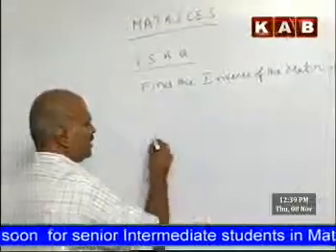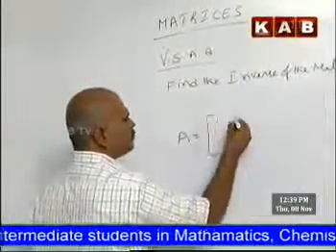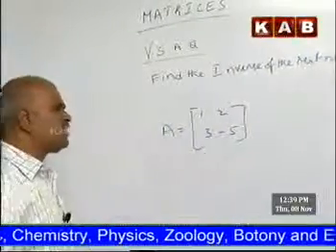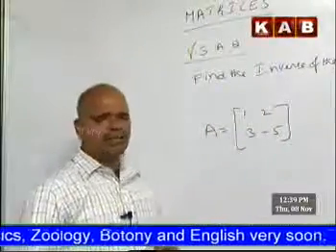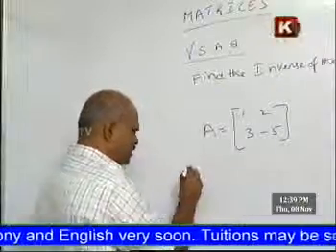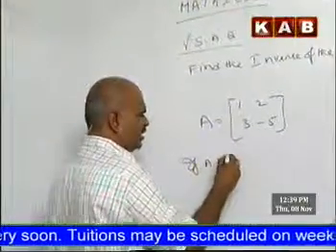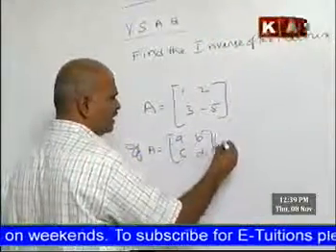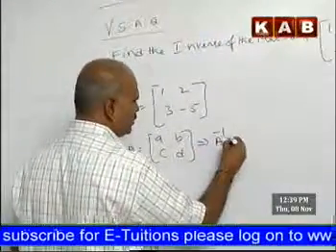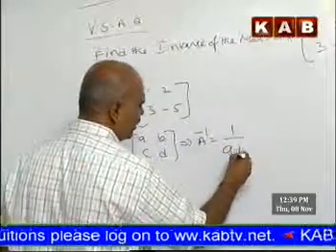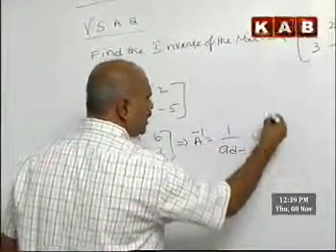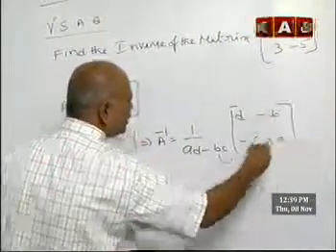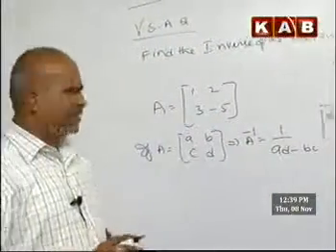Right, listen. A is 1 2 3 minus 5. Actually, these steps are very important. If A is ABCD, we have one formula directly. This implies A inverse is equal to 1 by AD minus BC, D minus B minus C, A. So this is the inverse matrix.